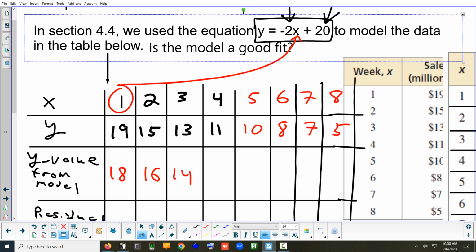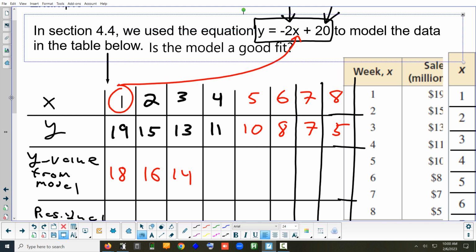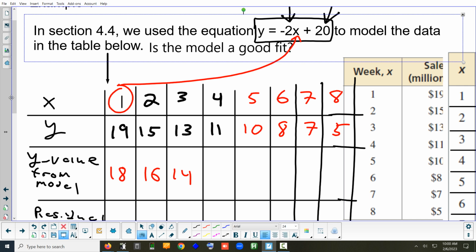That's what we're going to do next. So small residuals are good. All right, Natalie, for week 4, if we plug that in for x, what does the formula predict we should have made? So -8 and then plus 20. 12. Yep, that's going to be 12. Okay, so I think that's pretty good. All right, let's try week 5.